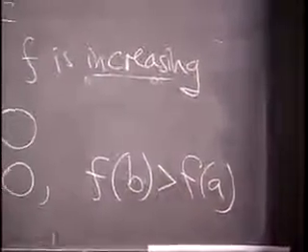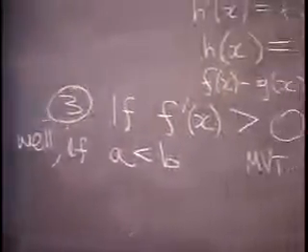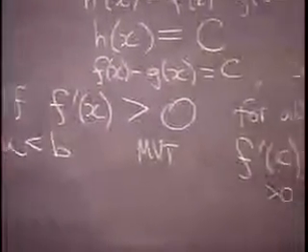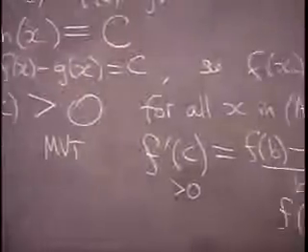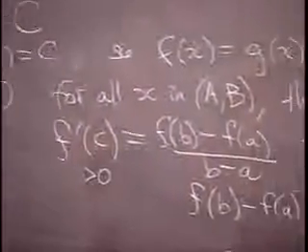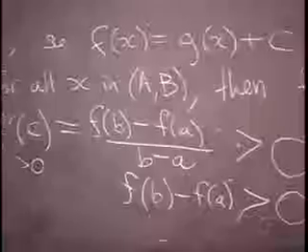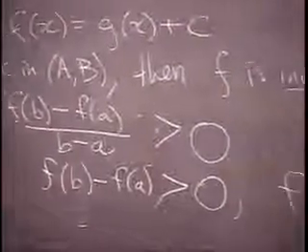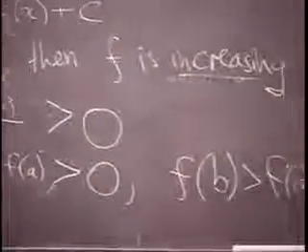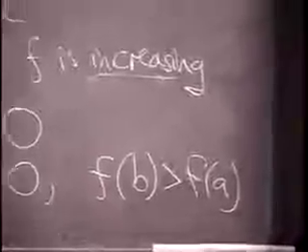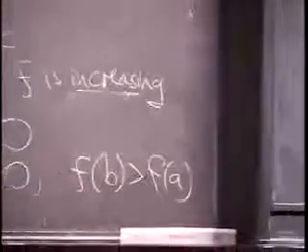So think about that for a second. I just got to draw a little picture to illustrate that. Okay, we've shown that if b is greater than a, then f of b is greater than f of a. So what does that mean? Well, we need a picture, and you'll get it in a few seconds.